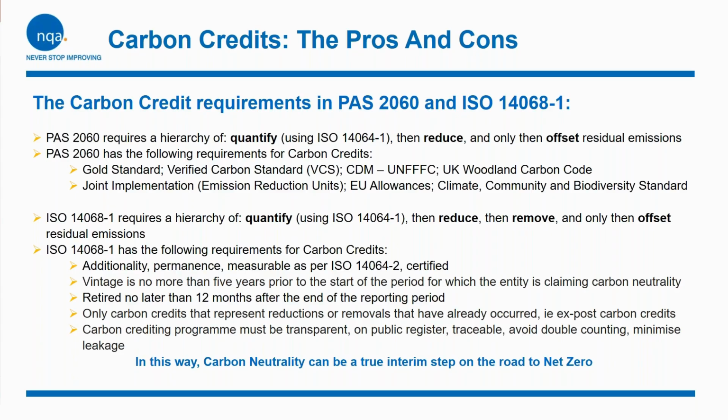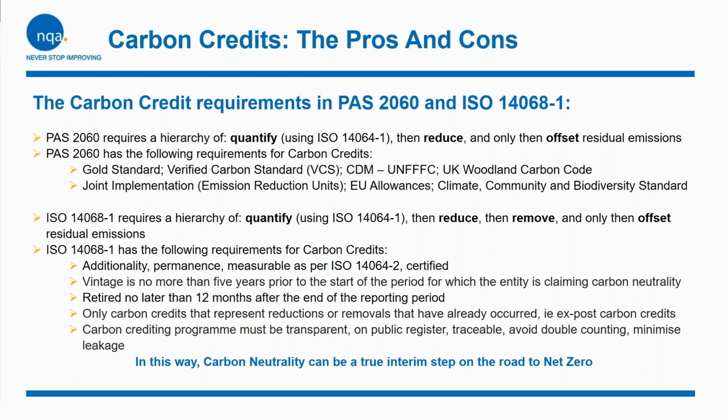It has the Gold Standard, the Verified Carbon Standard, the Woodland Carbon Code. It also has the Joint Implementation, Emissions Reduction Units, EU Allowances, and Climate, Community and Biodiversity Standards as well. So within PAS 2060, in one of the annexes, it details some of the carbon credits it recognises.